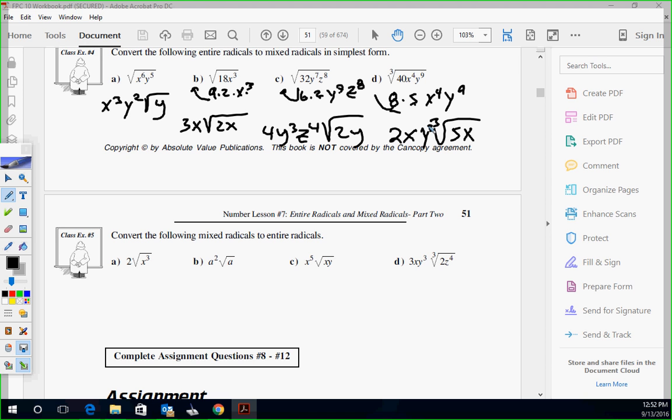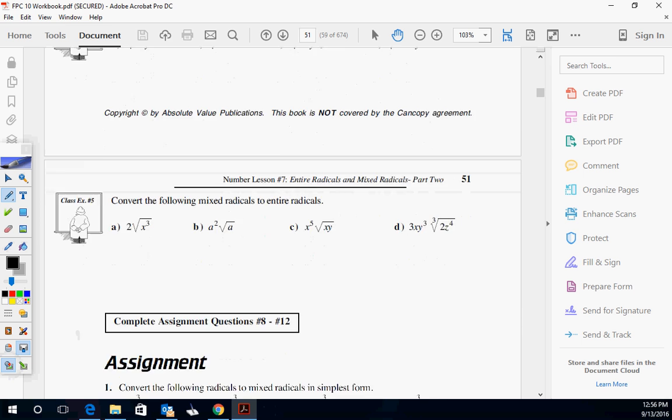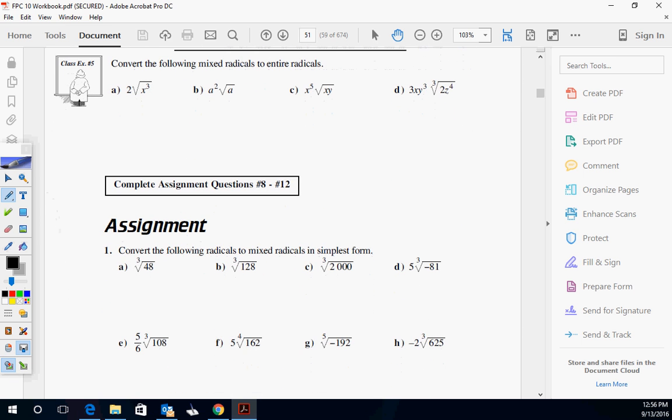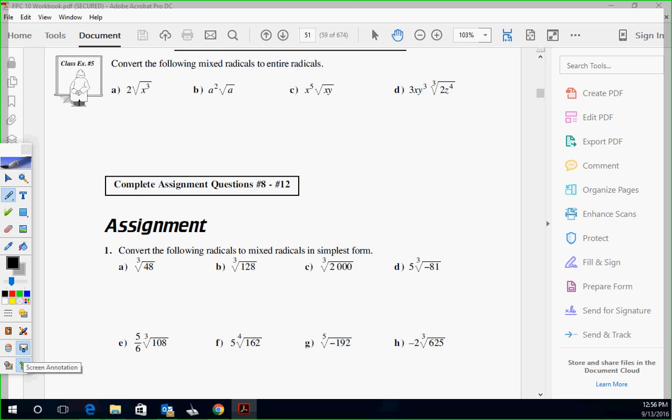Okay, and last but not least, we're going from mixed to entire. Mixed to entire. So we're just pushing it in. So we're pushing this in. So that's going to be 2 squared times x cubed. That's a 2 root, index 2, I mean. So this one simply is 4x^3.